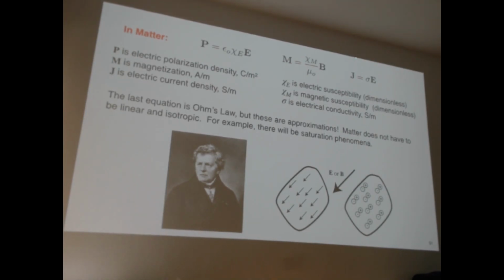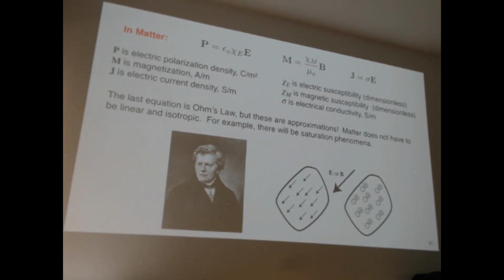This is important. This is Ohm's law, which relates moving charges in an electric field. It's called a law, but these are all approximations. The polarization or the electric current doesn't have to be linear. Think of a diode.